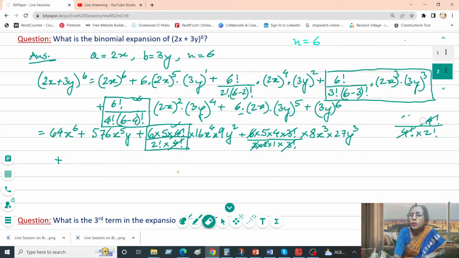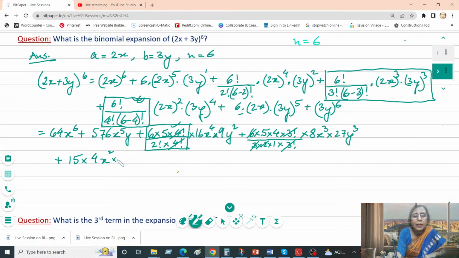So really we do not need to calculate this part again. We really do not need to calculate 6C4. It is equal to 6C2. So we do not calculate this anymore. We simply write this as 15. 15 times 2 squared is 4, so it is 4x squared times 3 to the power of 4.